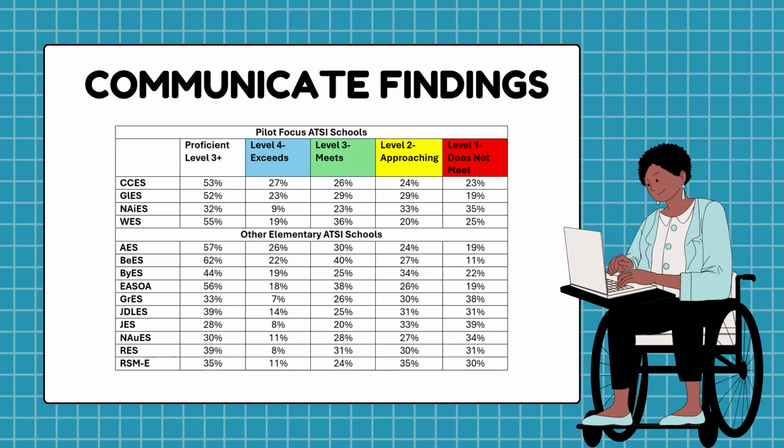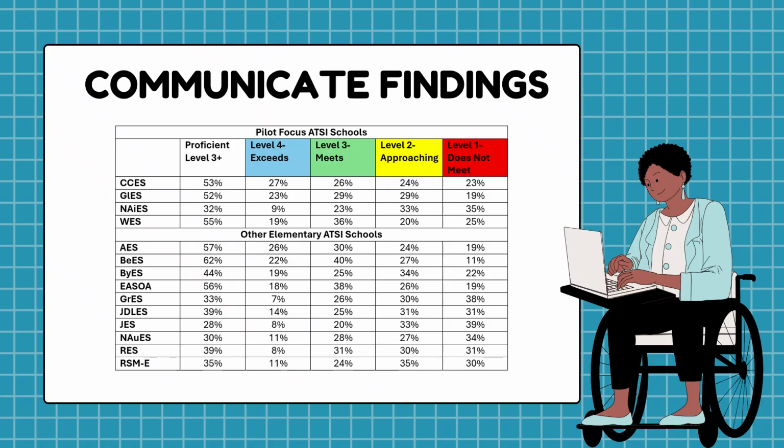So we're looking at those schools for the 4 focus schools, and I have it listed for you by level. Level 4 is exceeds, level 3 is meets, level 2 is approaching, level 1 is does not meet. In order to be proficient, you have to get either a level 3 or a level 4.